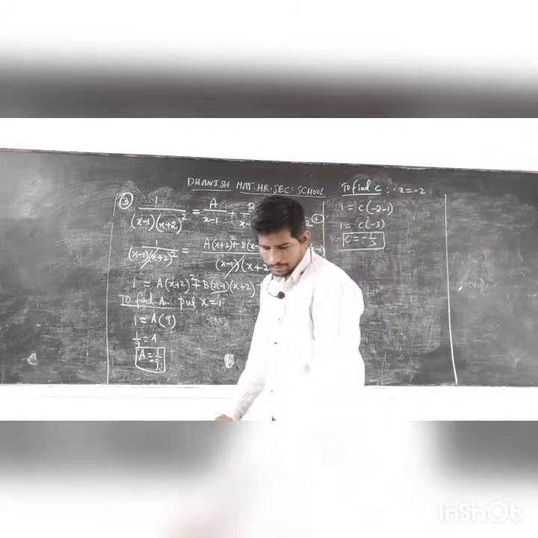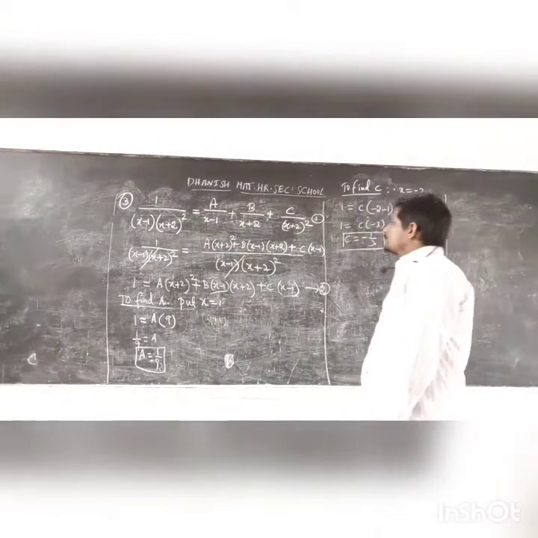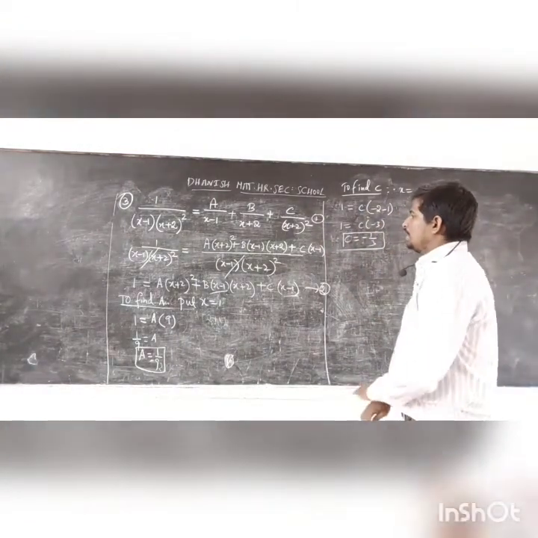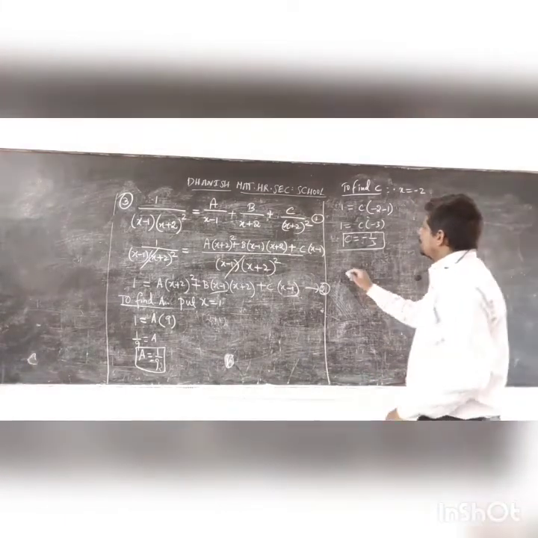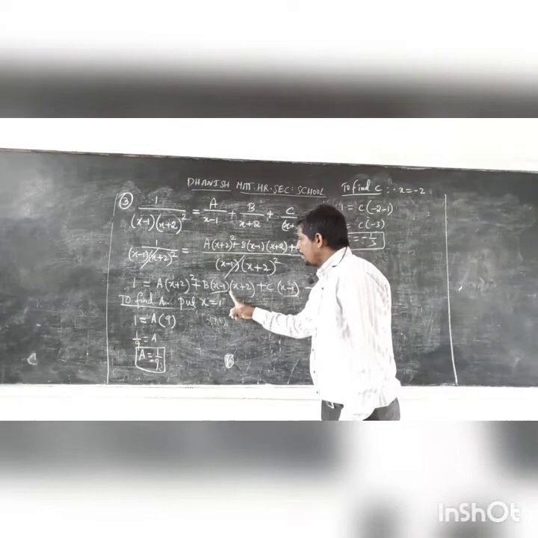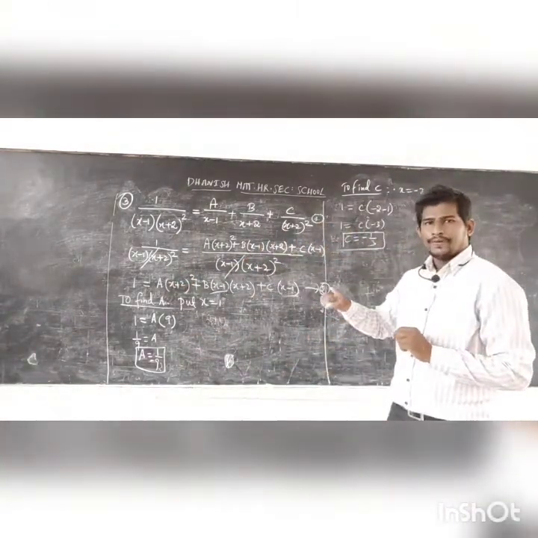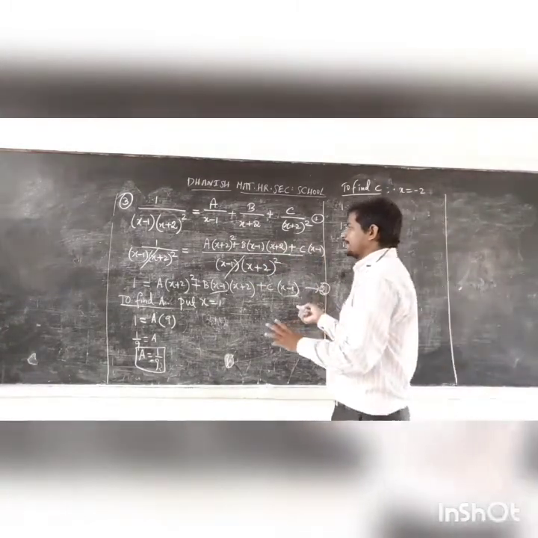Now I am going to put x as 0. Because if you want to find b, a and c should become 0. If you want to make the a term and c term 0, there should be a common factor.